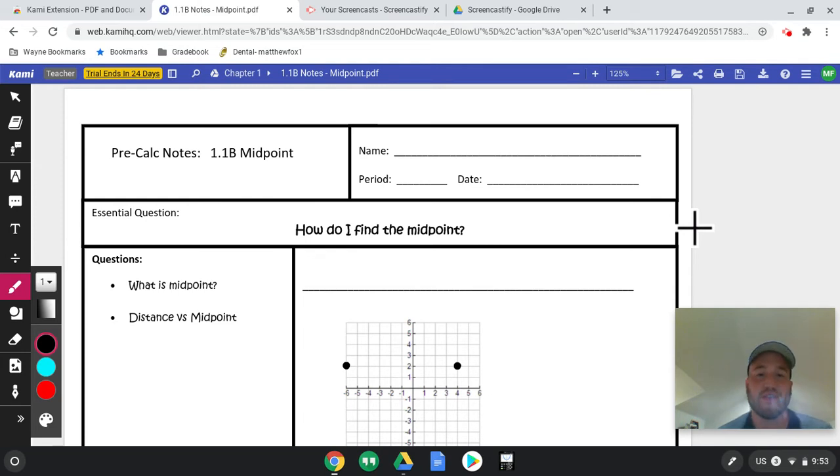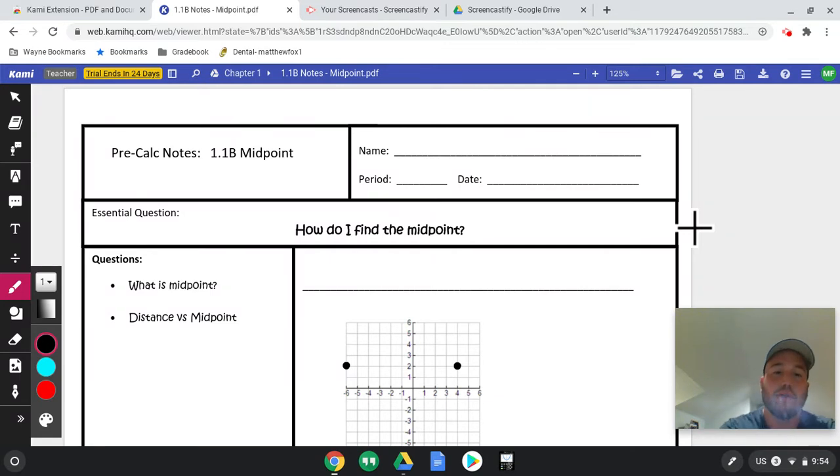Today we're going to examine the midpoint and what that is. Lots of you can probably infer what this means. It's basically just the middle point between two other points.